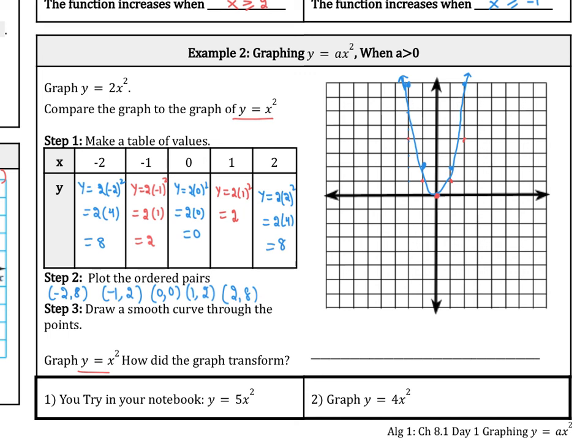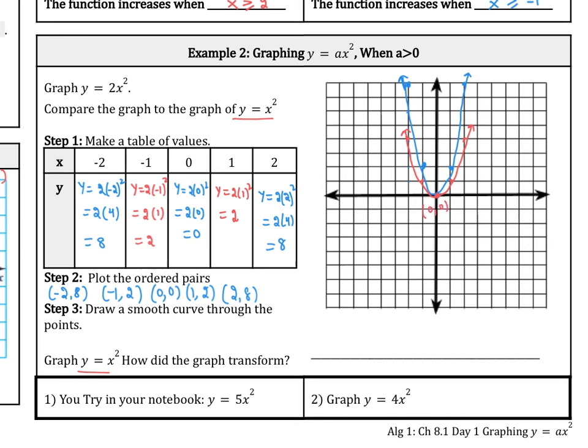And make a smooth graph. And you're going to get here a red graph, and that is the parent graph. What do you notice? What I notice here is that both of them have the same starting point, or the vertex is the same.